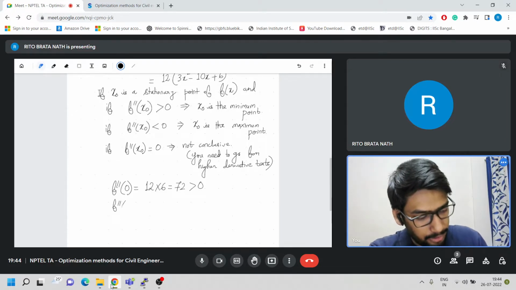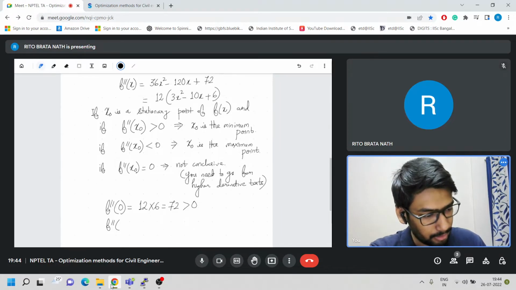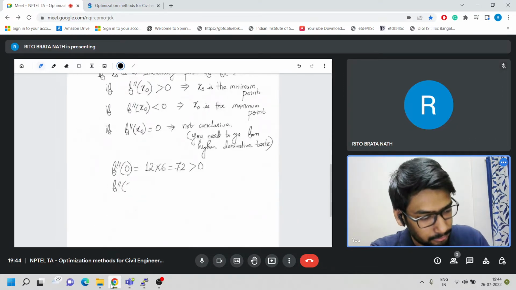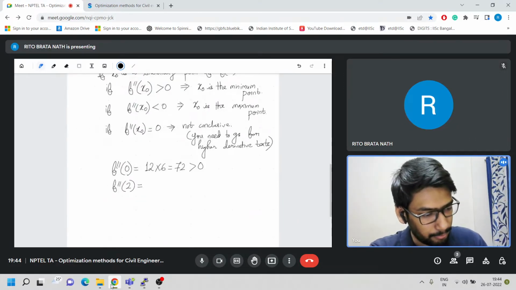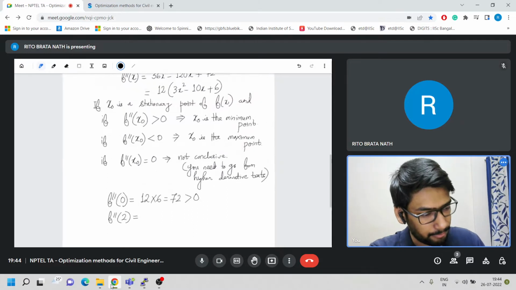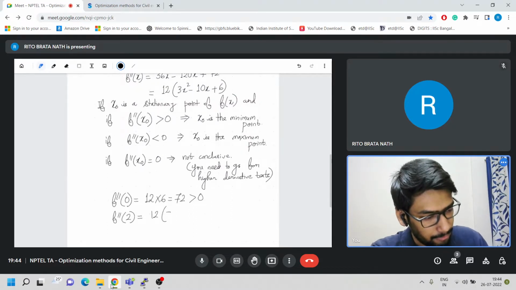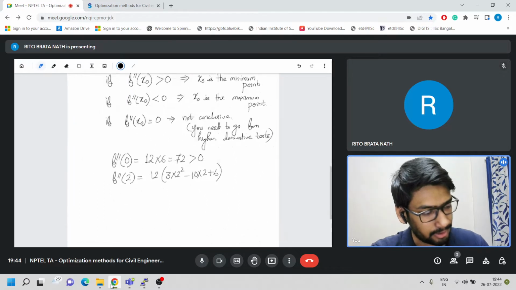If you put f double prime 2, you will get 12 times 3 times 2 squared minus 10 times 2 plus 6. So this part is 12 plus 6, 18, and this is minus 20. So this will be less than 0.